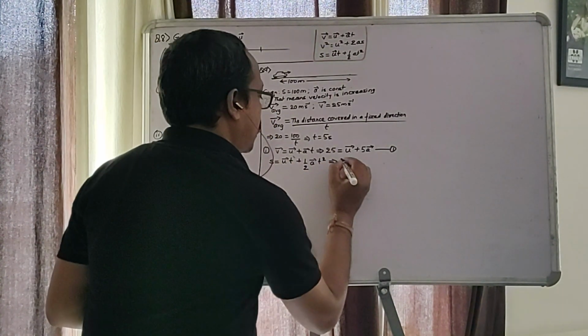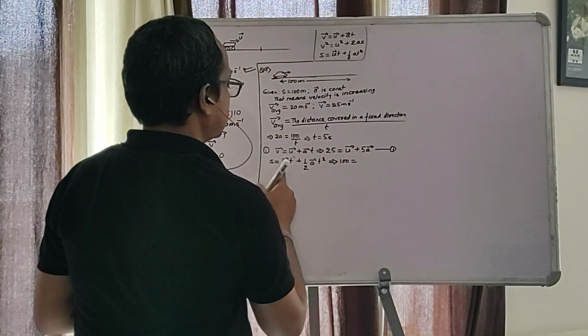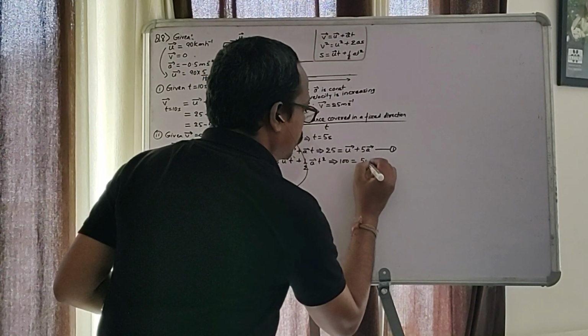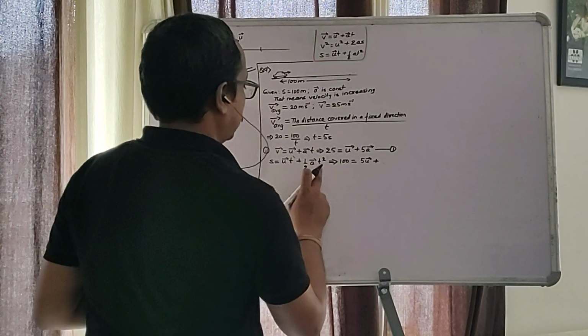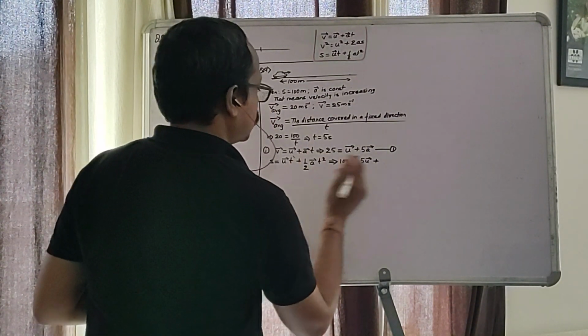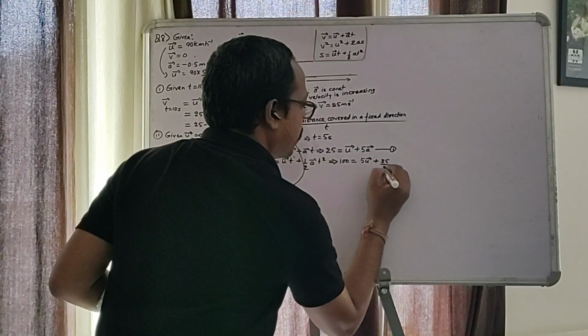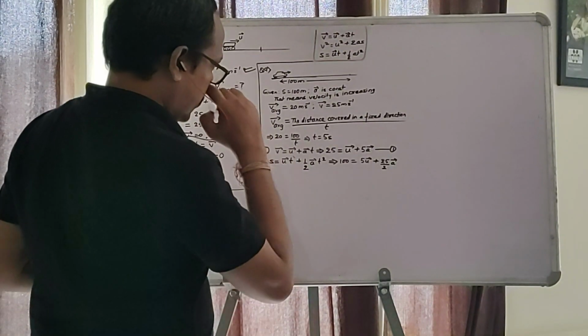S is 100 meter. U we don't know. T is 5. And T square is 25. So can we write it as 25 by 2a?